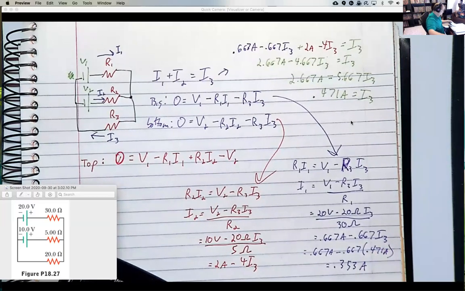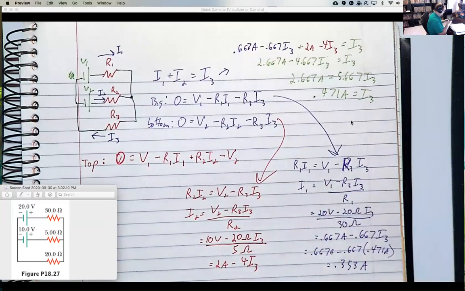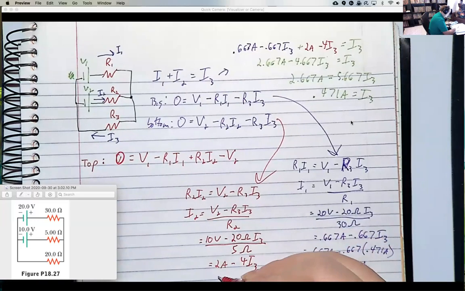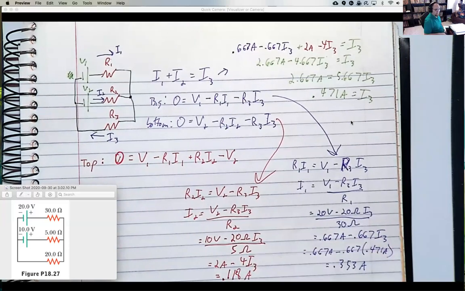And then do the same thing here: 2 minus 4 times that number, which I'm not going to bother showing me putting the numbers in just because I'm out of space. But you should be able to get the idea.